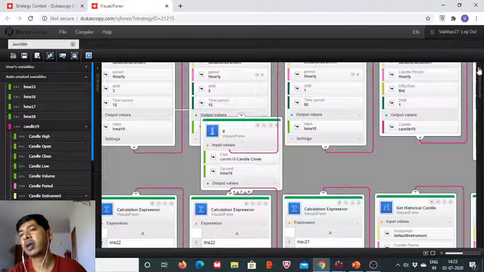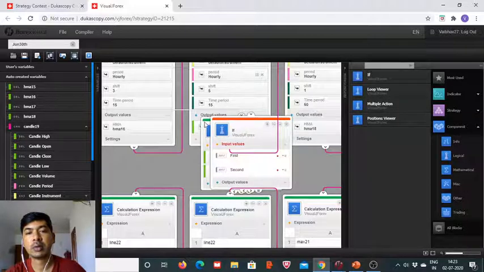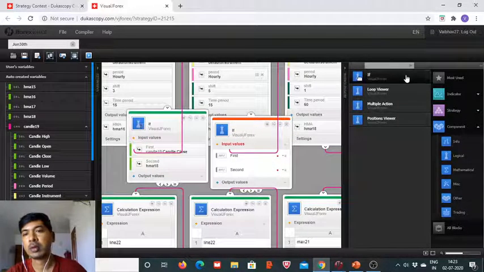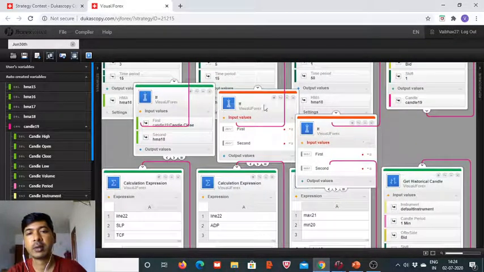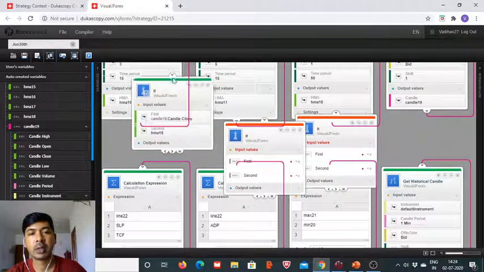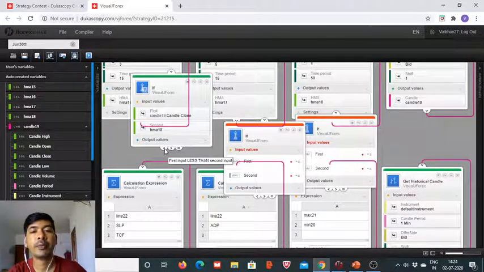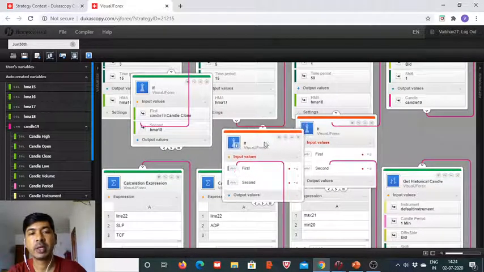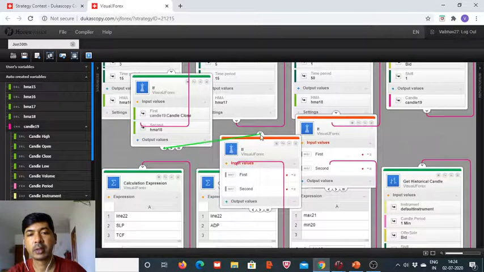So again we get a couple of if blocks, and here it is. The condition needs to be HMA 19 close below HMA 18. Okay, yes.